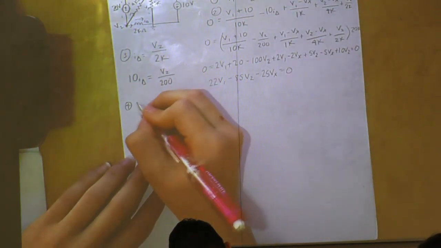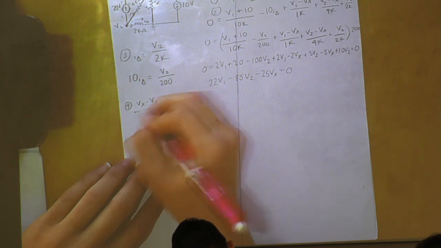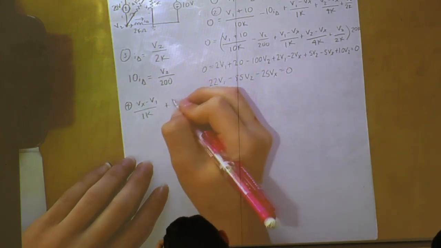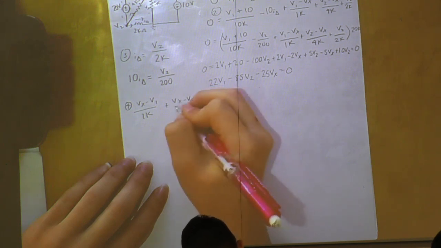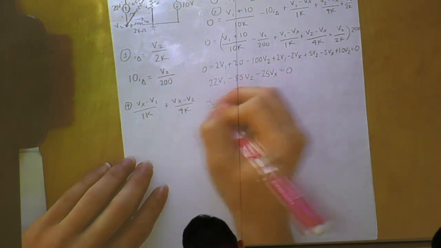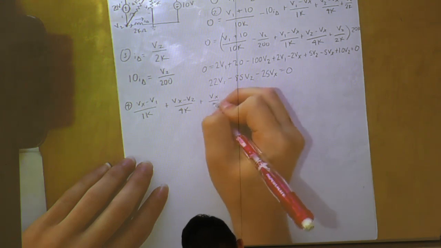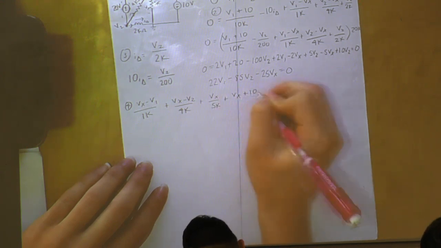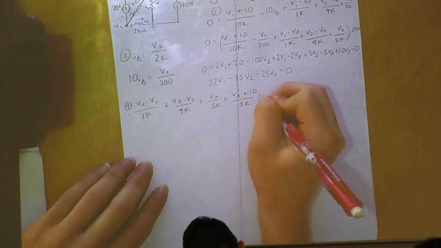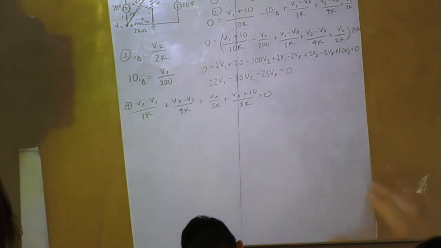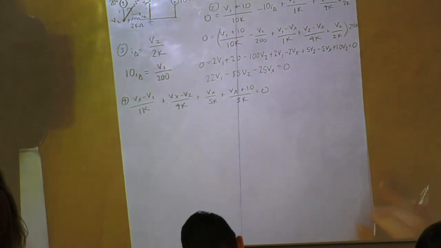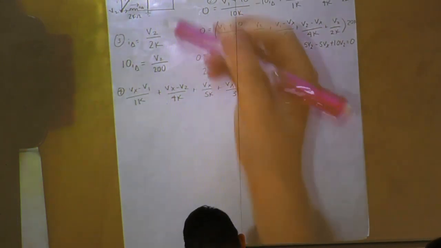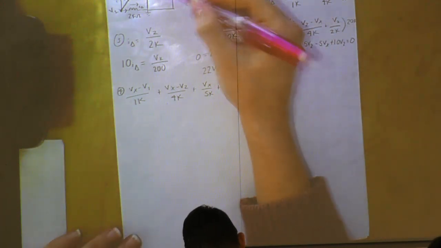We'll have Vx minus V1 all over 1K plus Vx minus V2 all over 4K plus Vx over 5K plus Vx plus 10 all over 3K equals 0. This was at our Vx right here. We have 4 currents coming out.